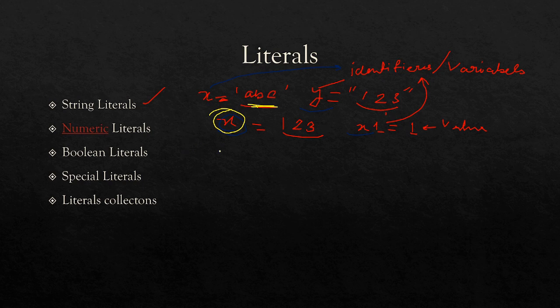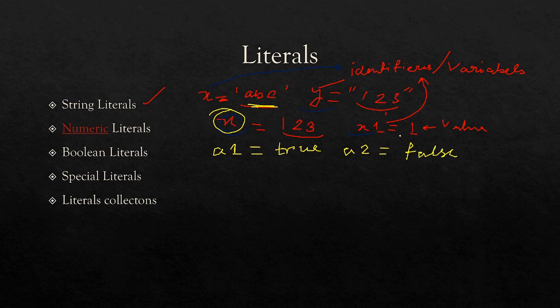Now coming to the Boolean literal. If I write a1, I can take any variable. This could be a Boolean literal. So we have to remember one thing, that a Boolean literal has only two values: it can either be true, or false.